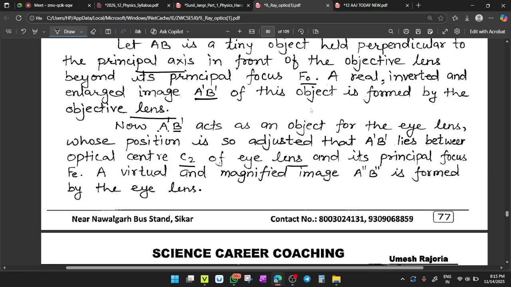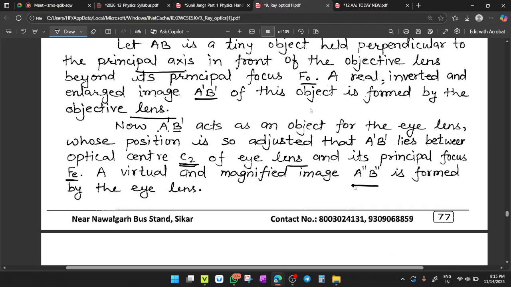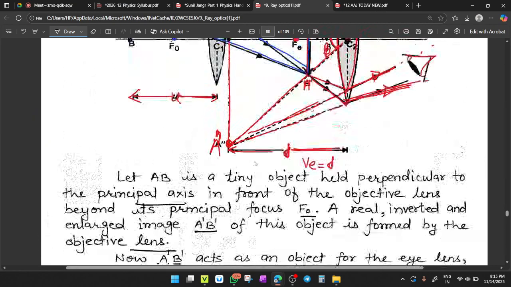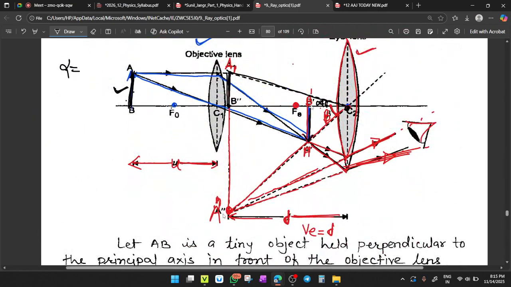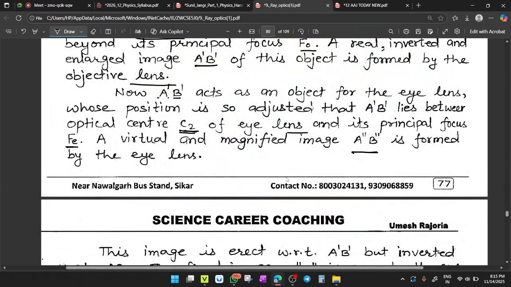So make the adjustment in such a way that A dash B dash lies between C2 and the focus FE. So a virtual and magnified image A double dash B double dash is formed by the eye lens. So check here: the virtual and magnified image. This is A double dash and B double dash. This is the final image formed by the eyepiece, the eye lens.